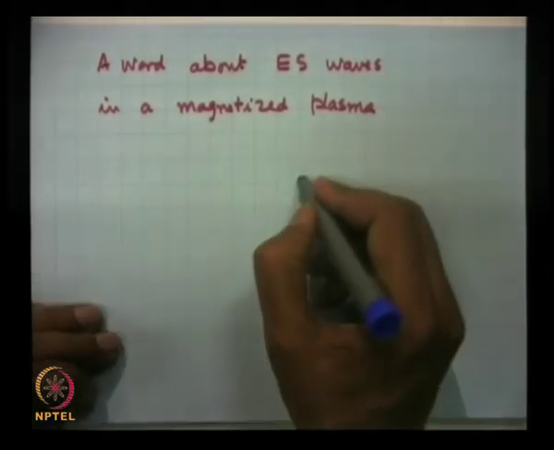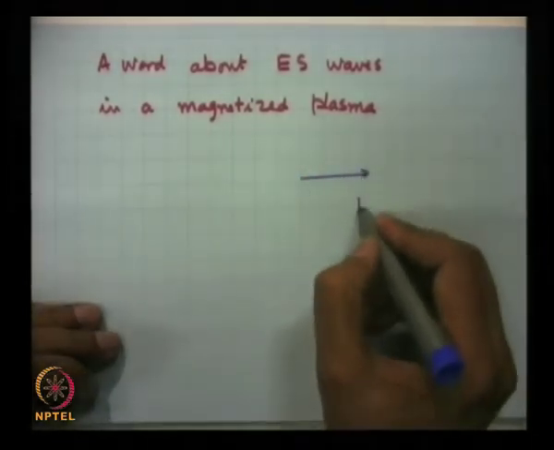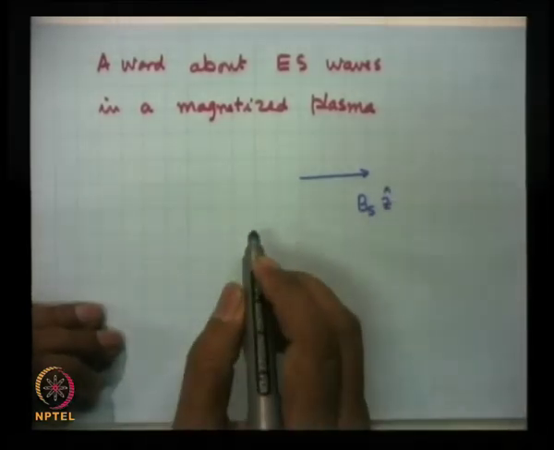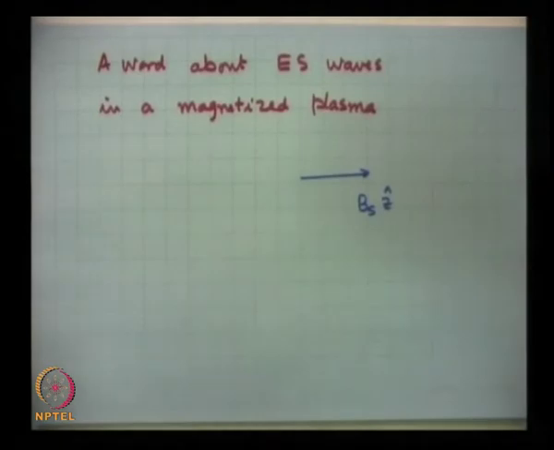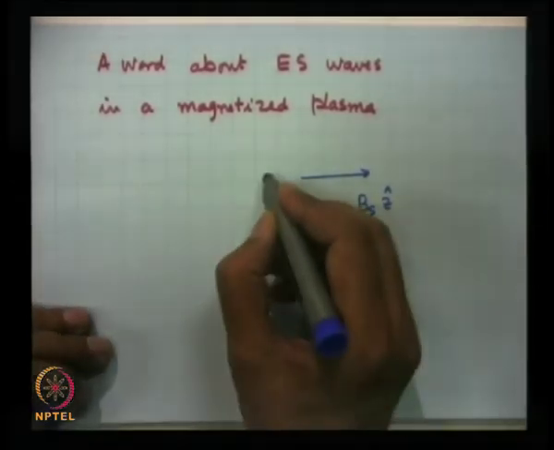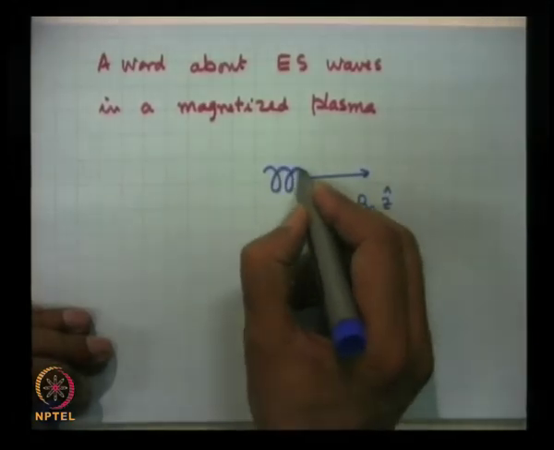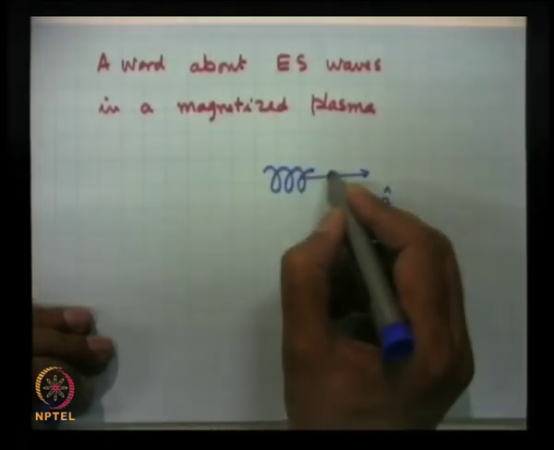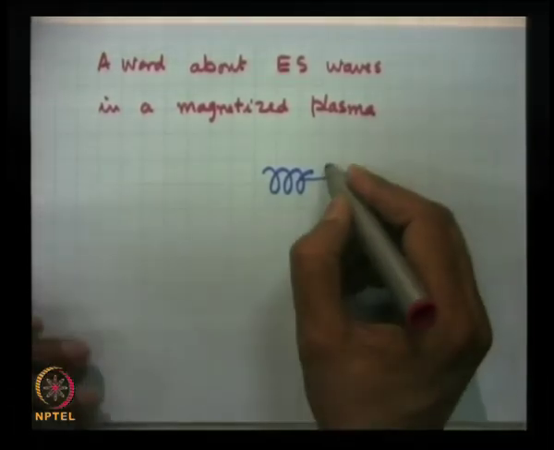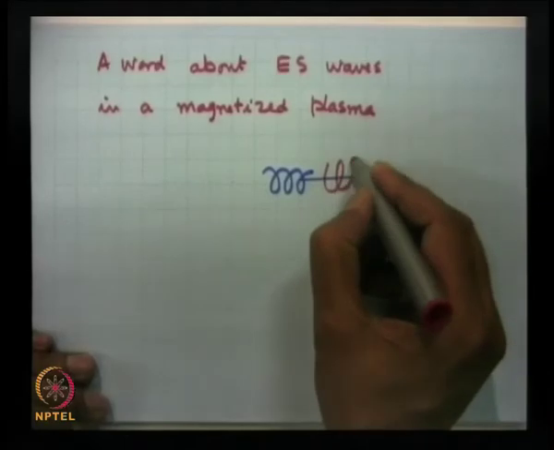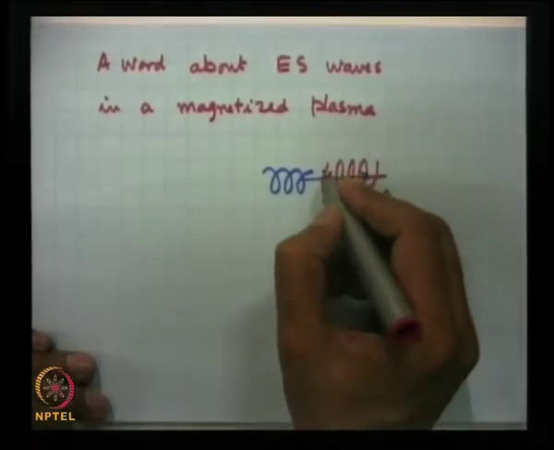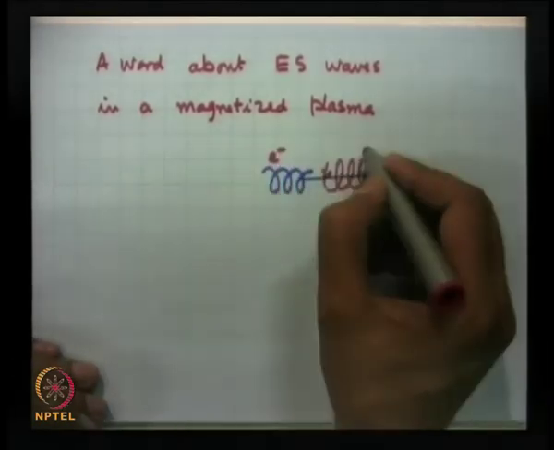Consider a plasma with magnetic field in the z direction, and if you introduce any hot plasma into this magnetic field, then the electrons will gyrate like this and ions will gyrate like this in larger orbits. So, this is ion motion, this is electron motion.